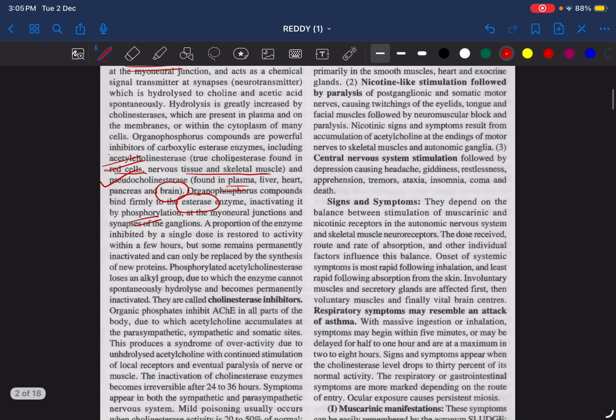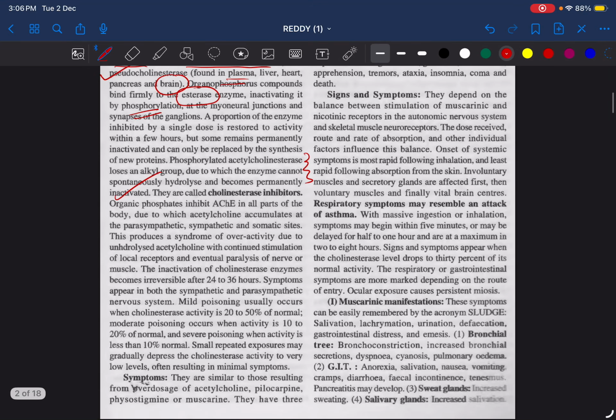This phosphorylated acetylcholinesterase loses an alkyl group. As a result, the enzyme cannot spontaneously hydrolyze and it becomes permanently inactivated. That is why these OPCs are called cholinesterase inhibitors. Remember, this inactivation becomes irreversible after how many hours? 26 to 36 hours.